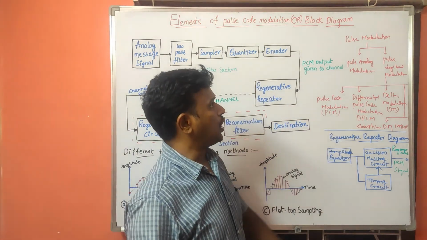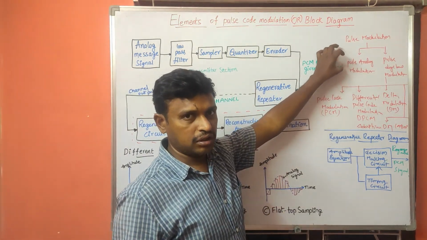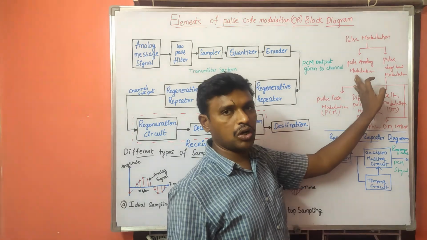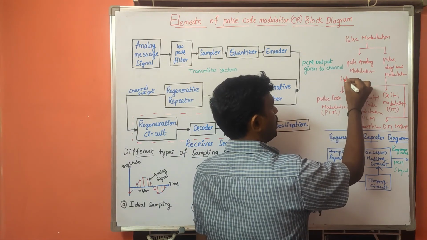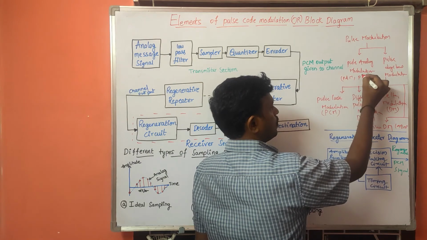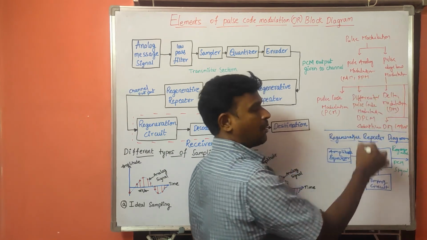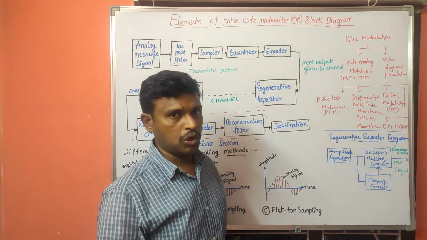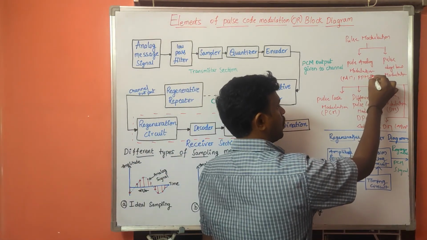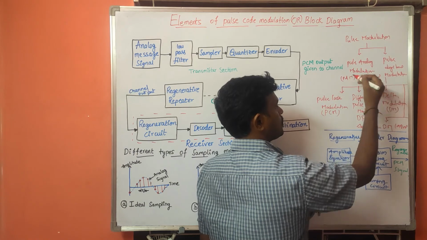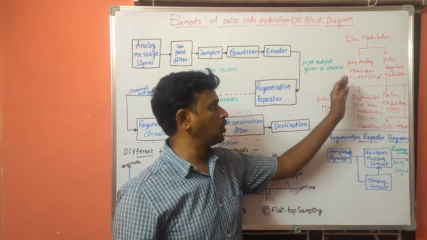This is how we can classify pulse modulation. Under pulse analog modulation we have PAM, PPM, like pulse amplitude modulation, pulse position modulation and pulse frequency modulation. These are the types of pulse analog modulation.